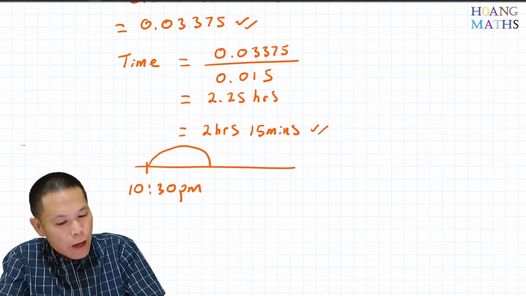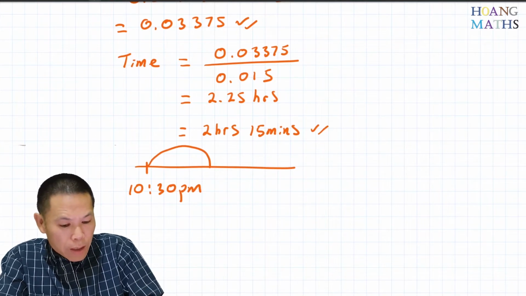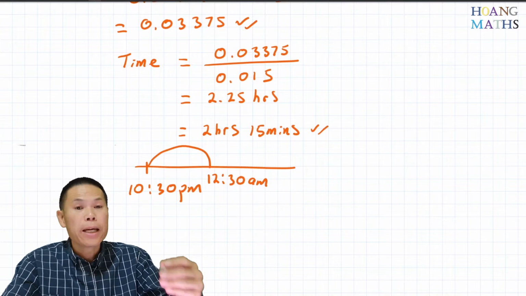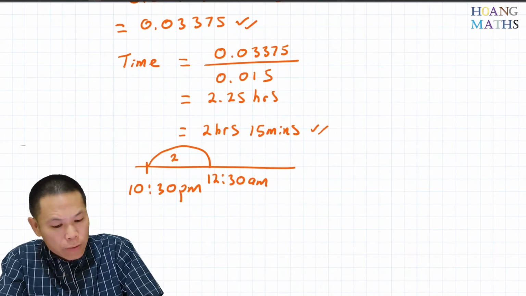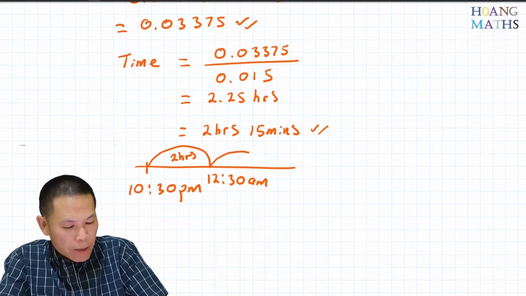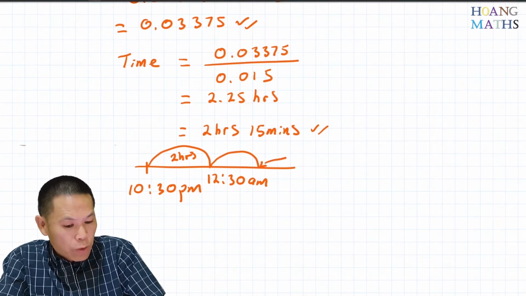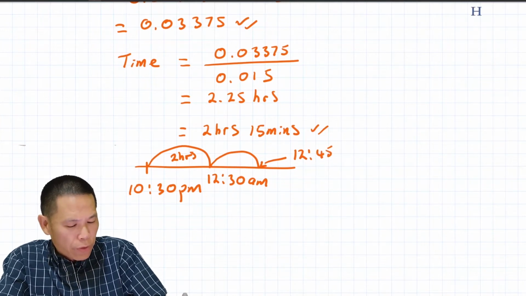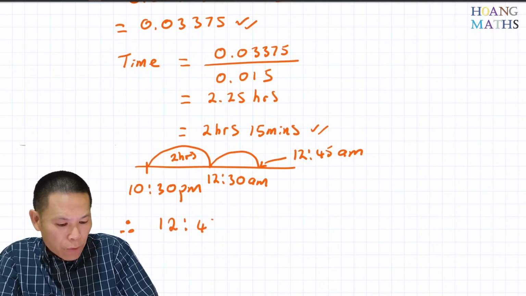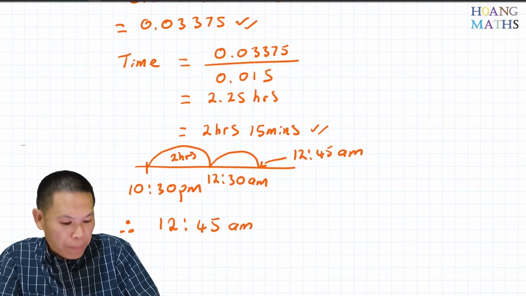So we add 2 hours, that will give me 12:30 a.m. Okay, and then we add another 15 minutes, so this will give me 12:45 a.m. So therefore, the answer is 12:45 a.m. the next day.